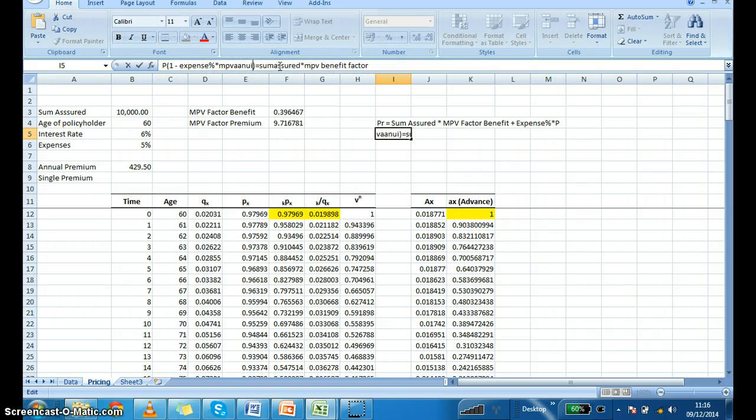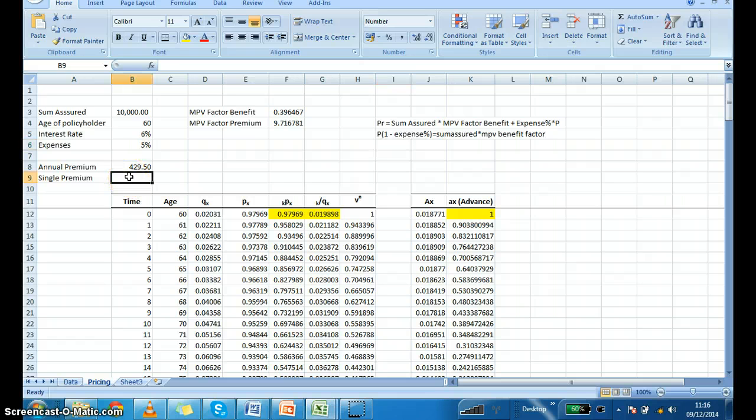So we'll just come here and say that the premium is equal to the sum assured times the MPV benefit factor divided by 1 minus the expense percentage, and voila, we have the single premium amount to be paid by the policyholder.